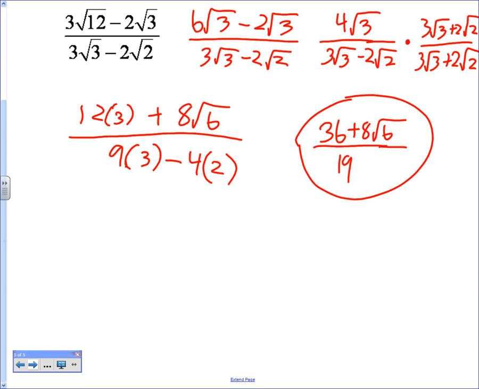Kevin, do you agree? You got your radical part wrong? Yeah, I have 6 squared. You might have added instead of multiplying or vice versa. What do you have for your denominator? You have 9 times 3, and then minus 4 times 2.